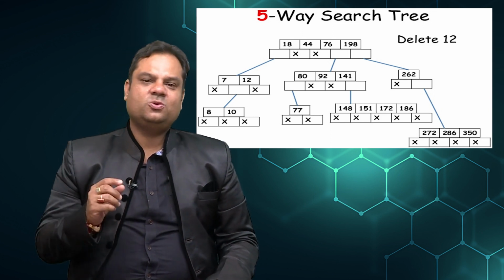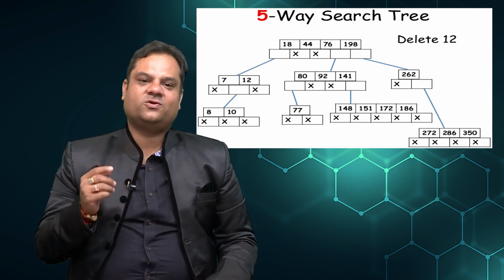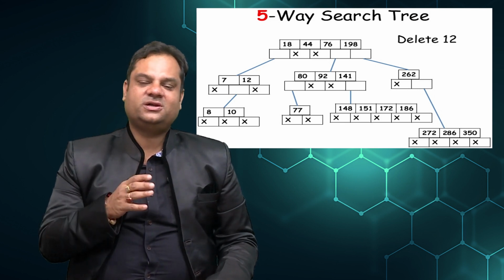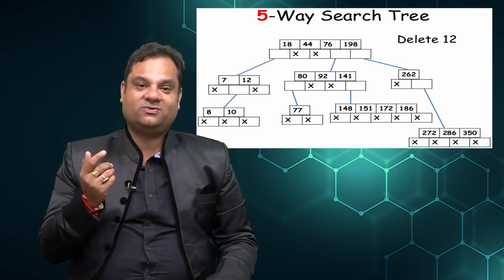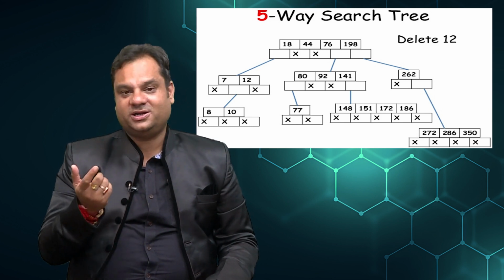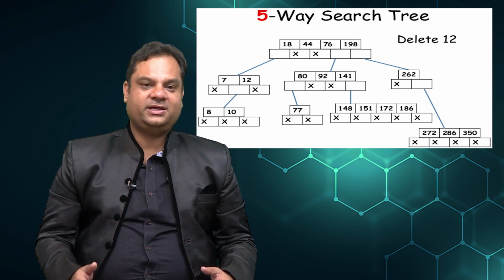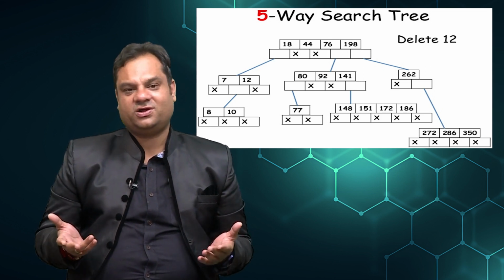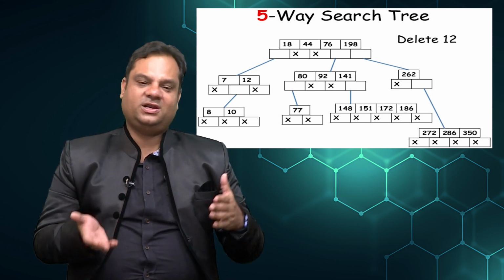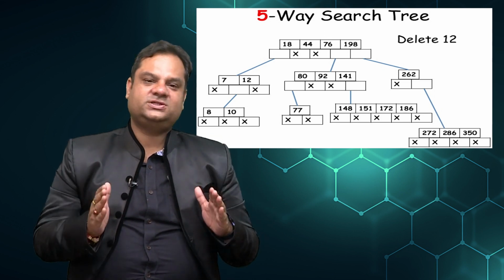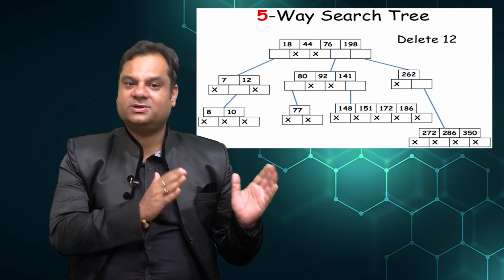So when you're removing 12, again you take help from the children. One of the children should replace that particular item 12. When we take help from the left successor of 12, we always choose the largest value amongst them.